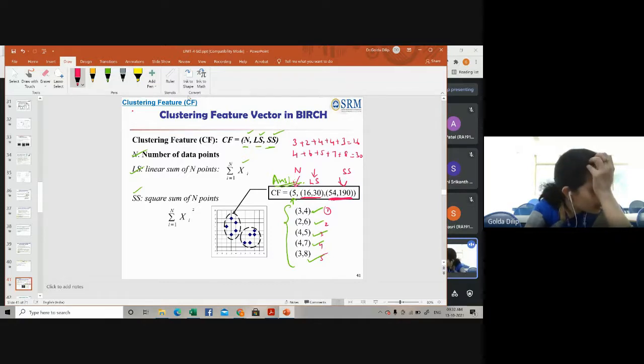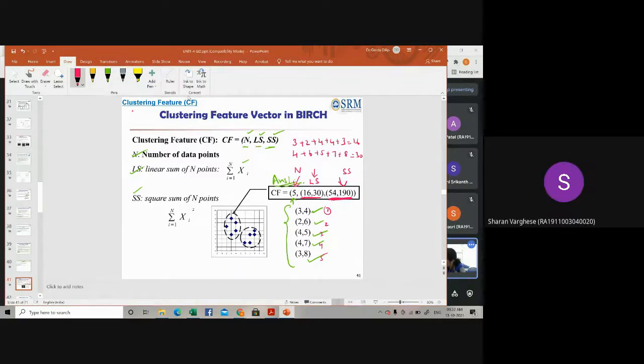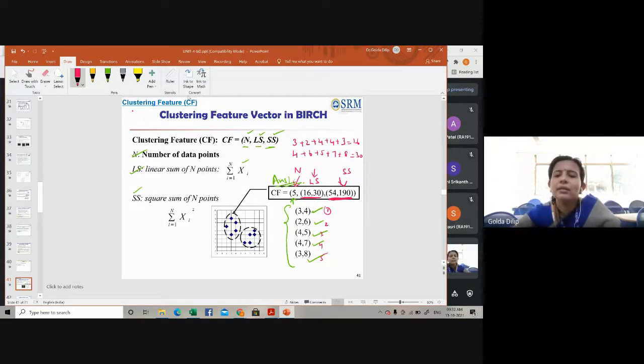Square of the x values: 3 square plus 2 square plus 4 square plus 4 square plus 3 square will give you 54. Again, 4 square plus 6 square plus 5 square plus 7 square plus 8 square will give you 190. That's what this clustering feature vector is all about, a three-dimensional vector which has got 3 elements.